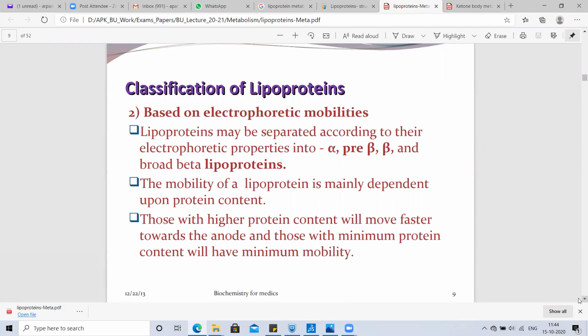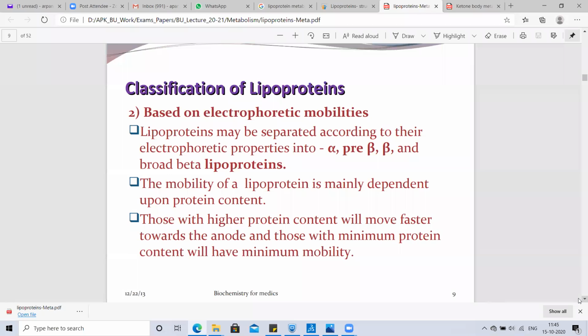So lipoproteins are separated according to their electrophoretic properties into alpha, pre-beta, beta, and broad beta lipoproteins. The mobility of lipoprotein mainly depends upon the protein content.